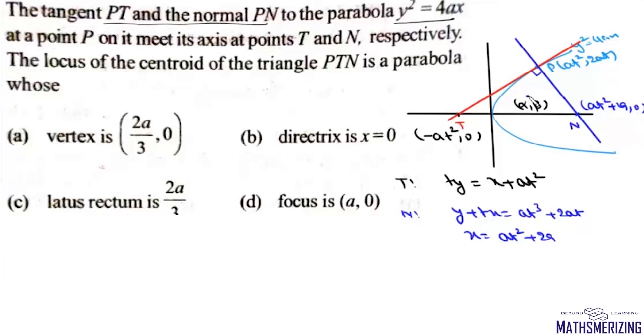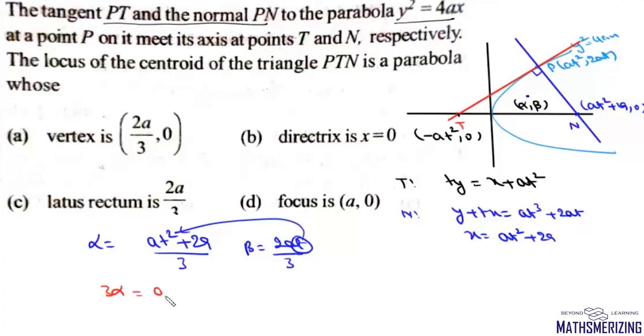Now we need to find the centroid of this triangle. So this alpha will be at square minus at square plus at square plus 2a, so it will be (at square plus 2a) by 3, and then we'll also find beta. Now beta in this case will be 2at upon 3. Now we can eliminate this t. So we can write this equation as 3 alpha equals at square plus 2a.